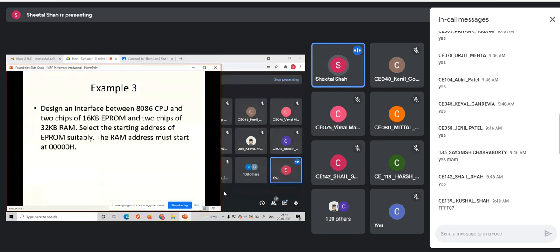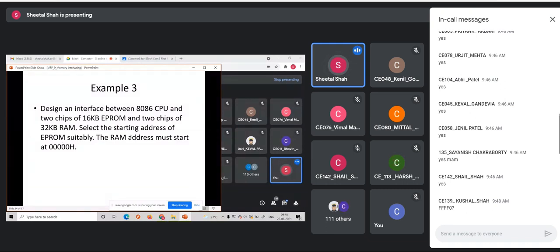FFFF0 should be there by default. It should be an address of the EEPROM. So we have to select the addresses in such a way that the address FFFF0 falls in the EEPROM.